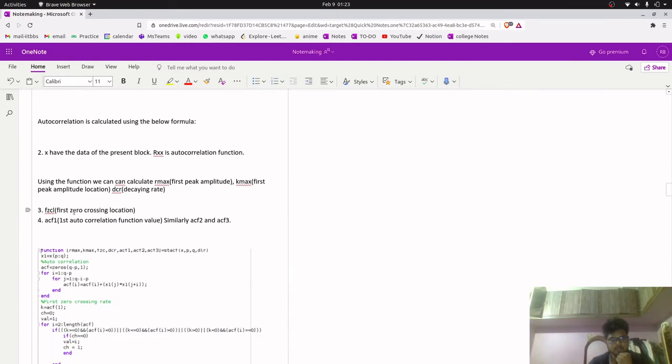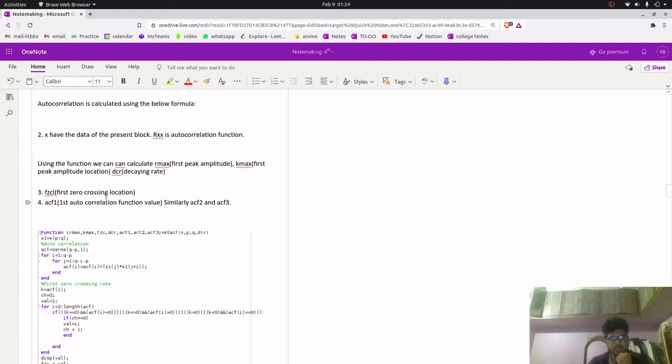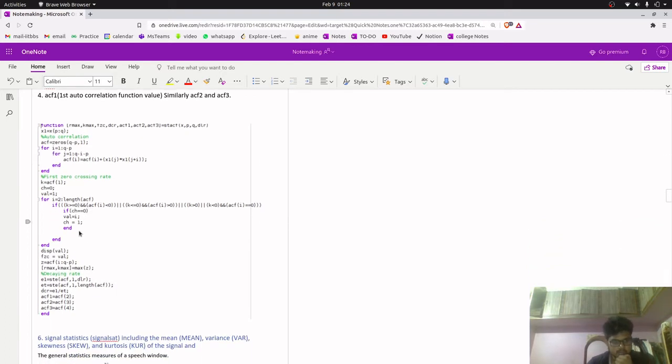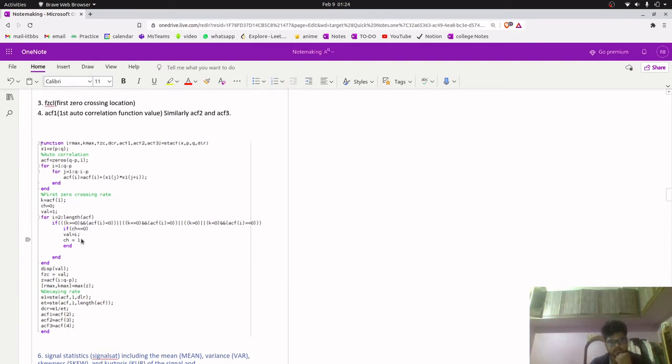Now comes the first zero crossing location. It is a very interesting part. Whenever our input signal hits the first zero, meaning it crosses the first zero, I have assigned val to I. It is the position where the first zero occurrence occurs, and after that it never comes to this if block.